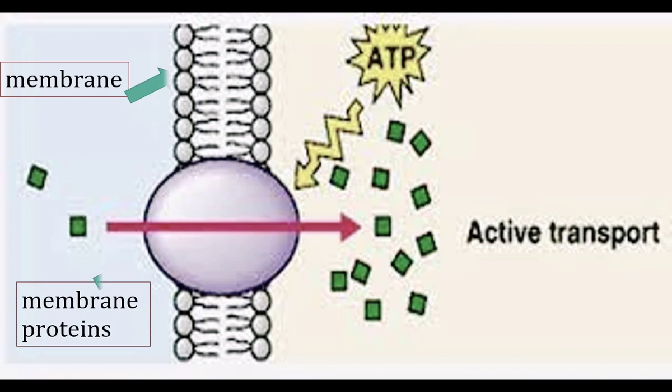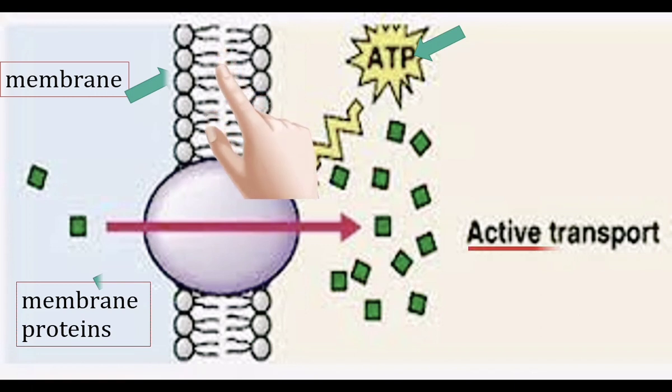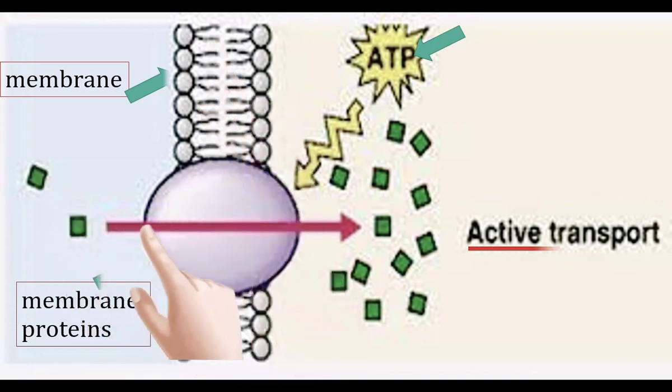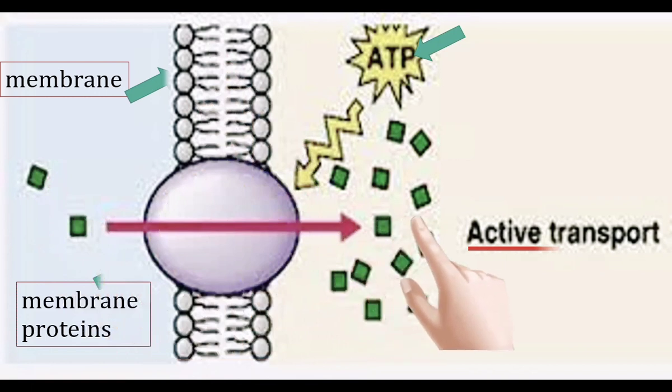This process takes place with the help of ATP energy. So this is active transport. This is a membrane protein. It helps the movement of substances from lower concentration to higher concentration by using energy. Energy is used, so this process is called active transport.